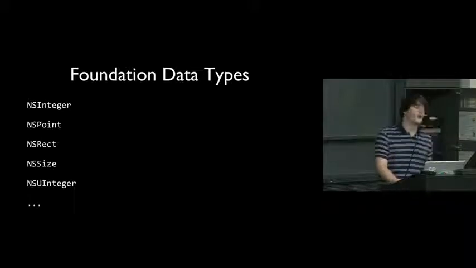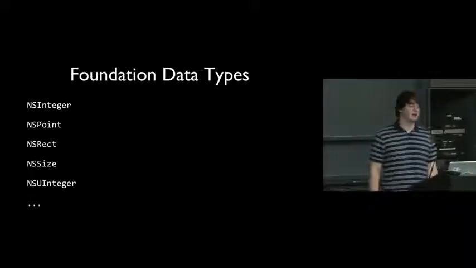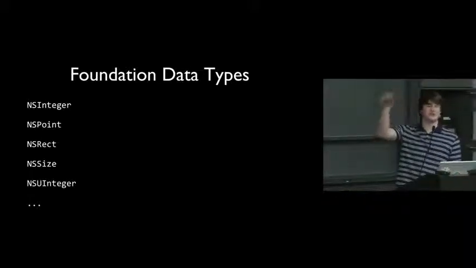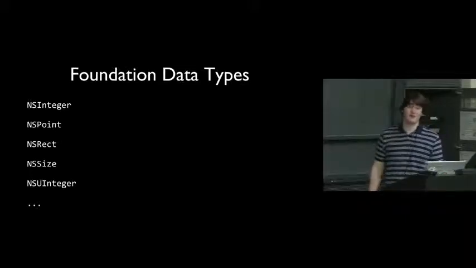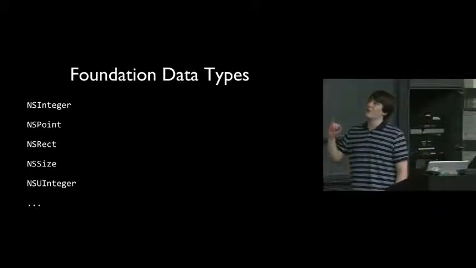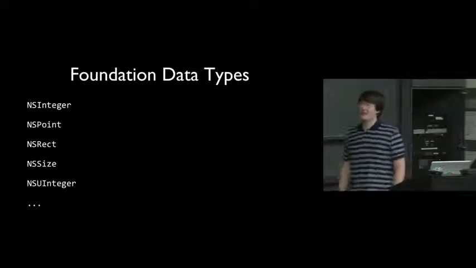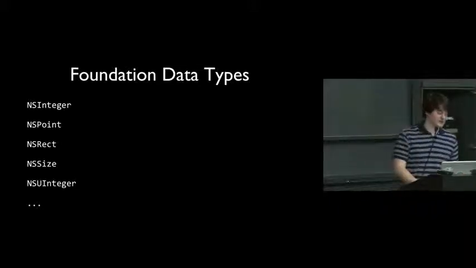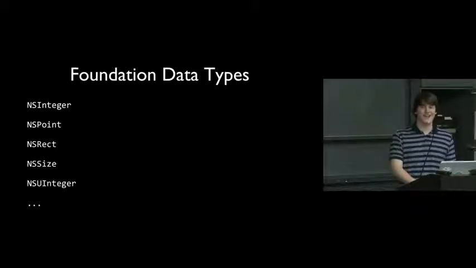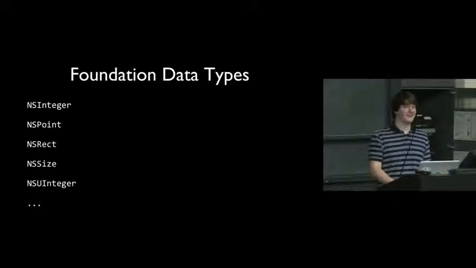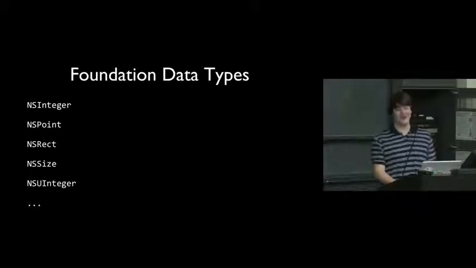Okay, so here are some data types that you saw when we hash imported foundation/foundation.h, which pretty much everything you're going to be doing is going to do. We also get some of these data types, NS_integer, NS_point, NS_rect. These are not objects, and this can be somewhat confusing because it can be somewhat difficult to differentiate between objects and just these type-def things.